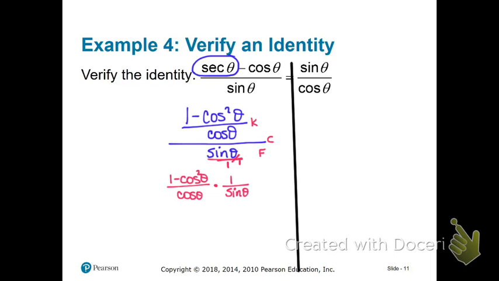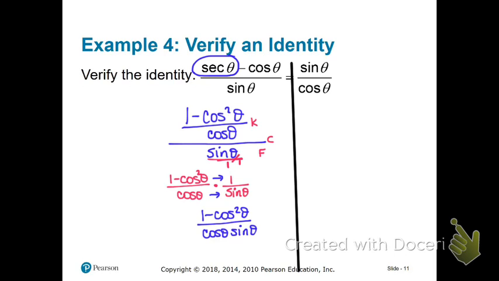All right. So what now? Multiply across. Okay, so I have 1 minus cosine squared times 1, which is 1 minus cosine squared theta over cosine of theta times sine of theta.